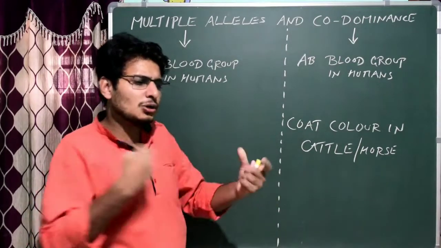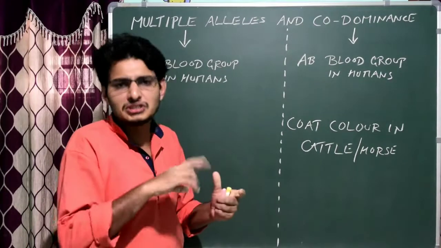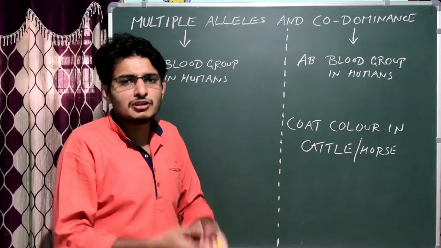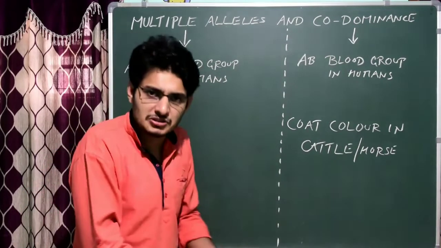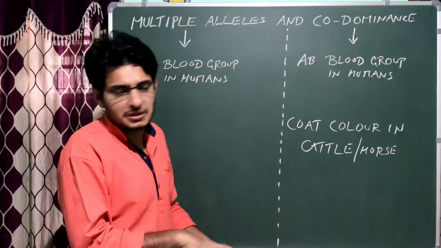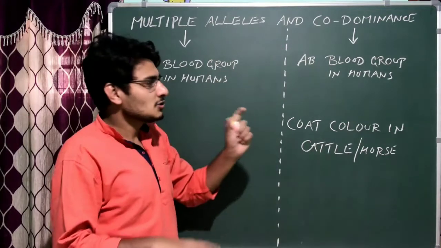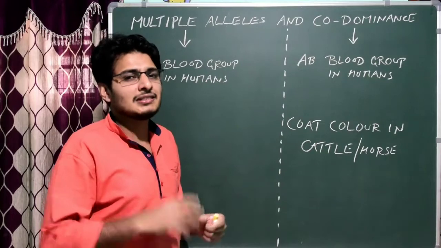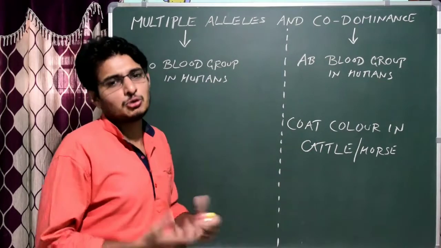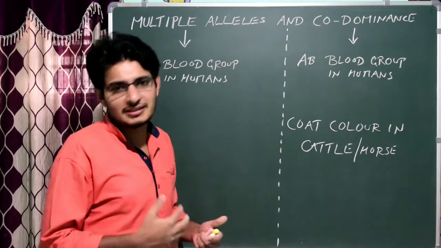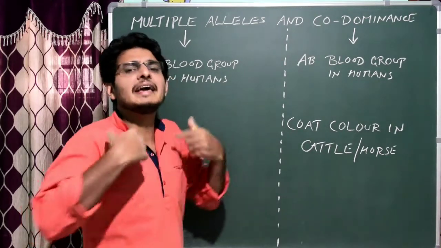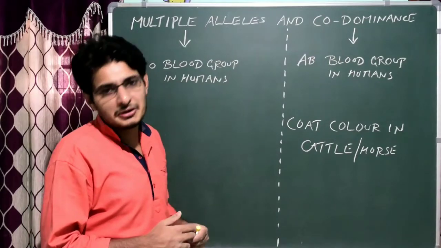There is equal expression from both the genes in heterozygous condition, and as a result both the characters of the two different genes express in the progeny or the offspring. That is actually codominance. So it looks like incomplete dominance. No, it is different. In incomplete dominance, the dominant gene actually fails to dominate completely over the recessive gene, but in this case both the genes in heterozygous condition express. Good example is AB blood group actually, got it?